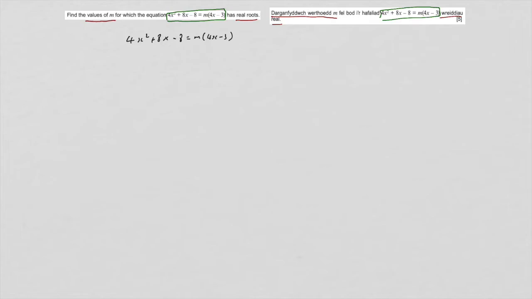So the first job is to open that bracket up, which gives us 4mx minus 3m. And then if we subtract those terms from both sides, we're going to get our 4x squared, plus (8 take away 4m) times x, and then plus (3m take away 8), and that will equal 0.